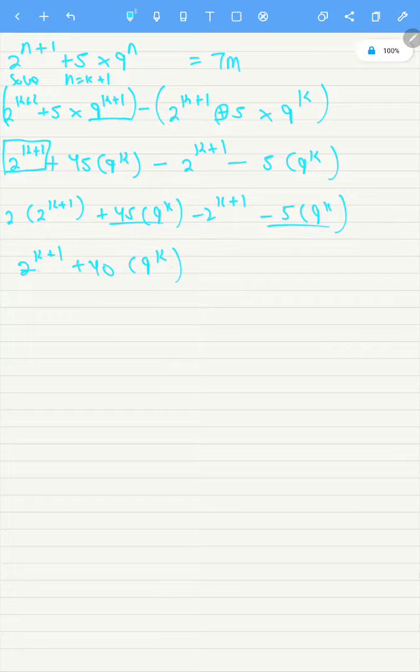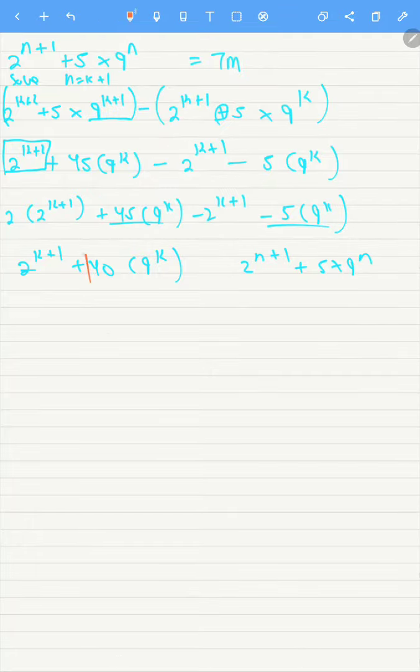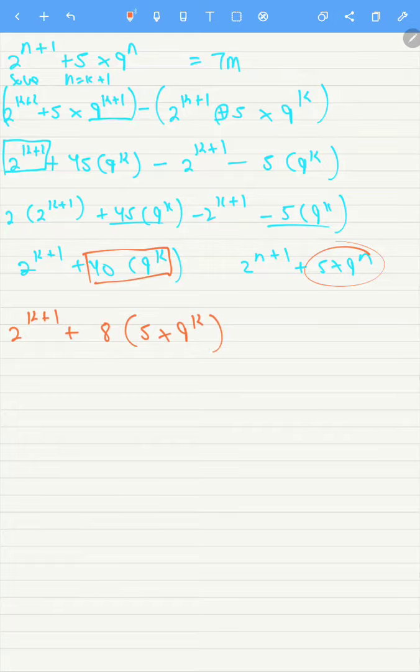So now if we look at our original, which looks like 2 to the n plus 1 plus 5 times 9 to the n, we can separate this part up to look like this. So we can do 2 to the k plus 1 plus 8 times 5 times 9 to the k. Perfect.